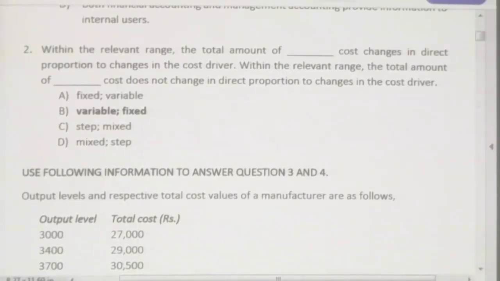I will explain basically what cost behavior is and how costs behave within the organization. Some costs of the organization change according to the volume. When you increase your production, the cost increases according to the increase of production.